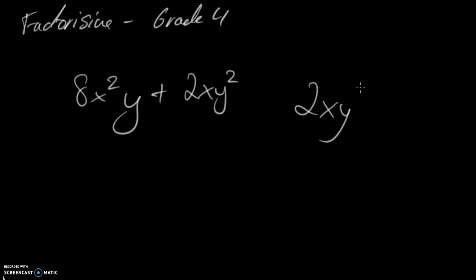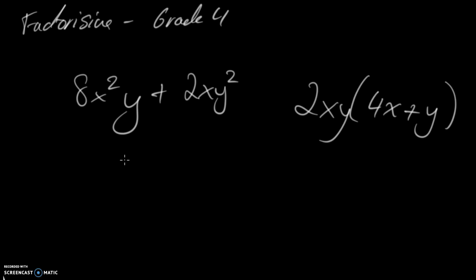So 2xy would go outside the brackets, so 8x squared y divided by 2xy would give us 4x, because 4 times 2 gives us 8, x times x squared, and times y would just give us 8x squared y, plus 2xy squared divided by 2xy would just be y. That is your answer.